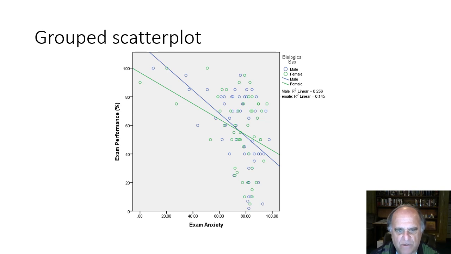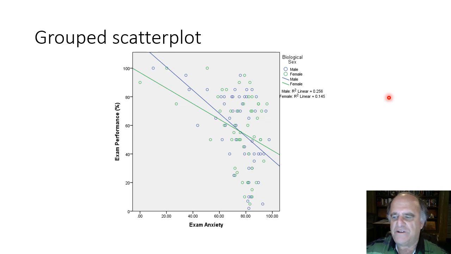Okay, and then this is a group scatter plot. You can see it's put the regression line on it. This one's between exam anxiety and exam performance. You can see as anxiety goes up, exam performance goes down. And there's one regression line for males and one for females. This is the male regression line in blue. This is the female regression line in green. I would note, though, just because they look different doesn't mean they're significantly different, of course.